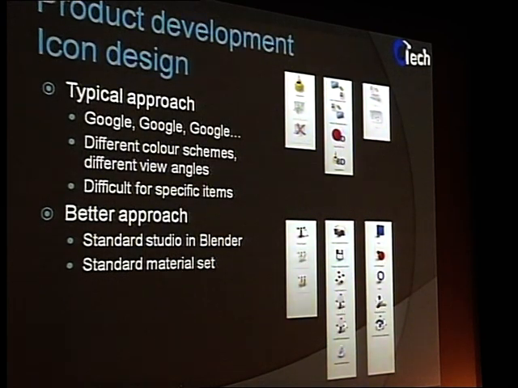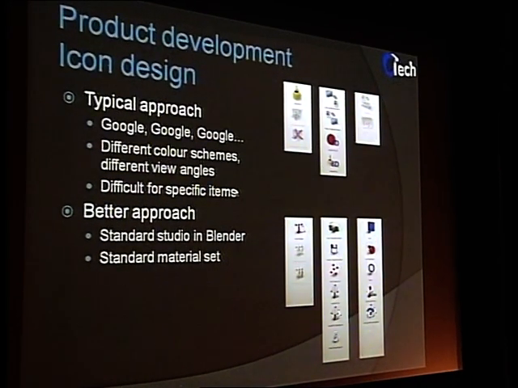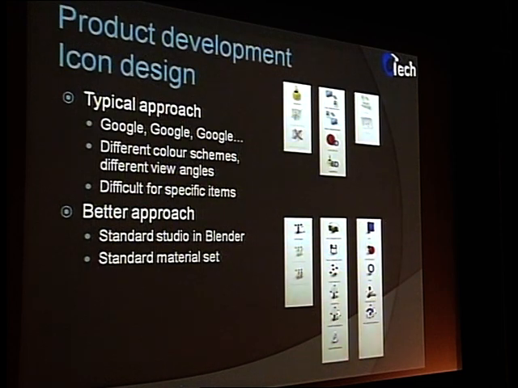Here a bit on the icons, the very first version of the software. You start Googling for icons and you take a little bit here, a little bit there, and after a while you get something like this, it's a bit of a mess. Because the viewing angles are different, the color schemes are different. So you think you have a nice icon, but it really isn't.